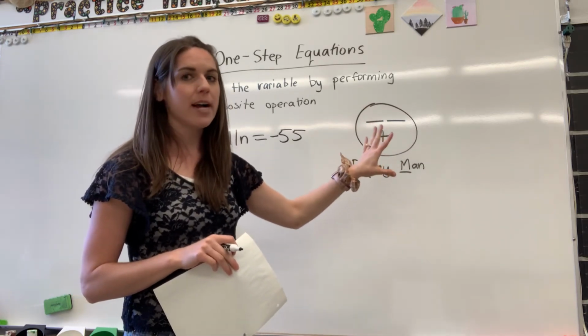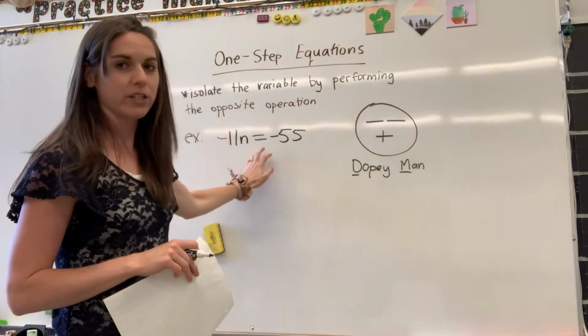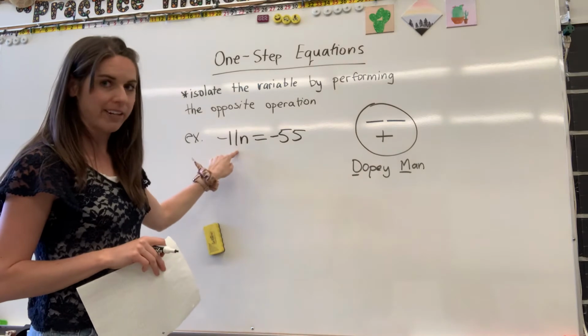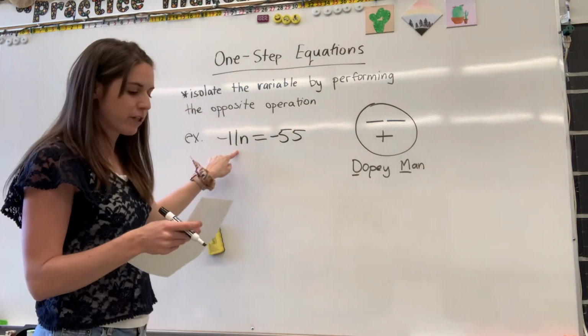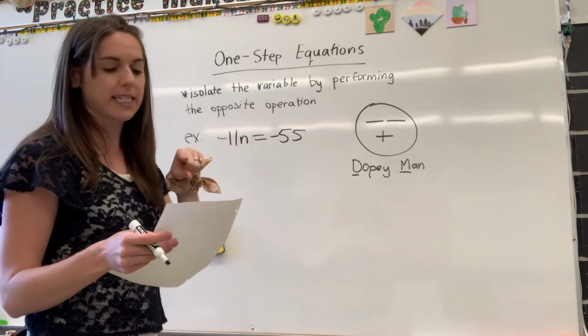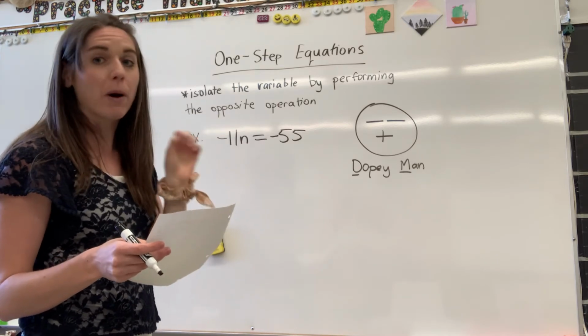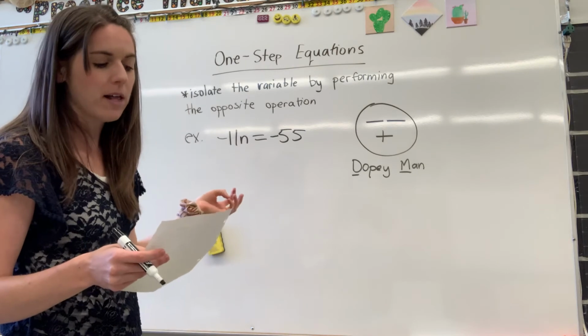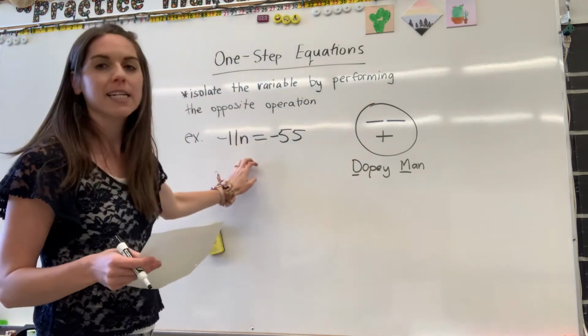And the reason why it comes in handy for this question is I will explain it right away. But you're dealing with a -11n. In the first question, 4p equals 68, we were just dealing with a positive 4p. So you could use the Dopey Man there as well, but it really comes in handy with negatives.